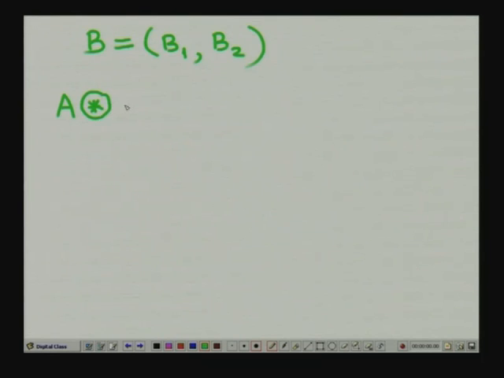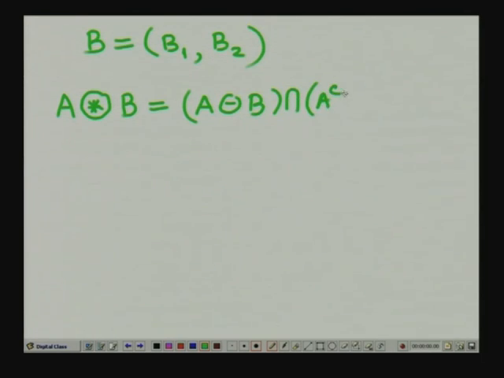Suppose we have a structuring element B, and if I can break the structuring element B into two structuring elements B1 and B2, then for a given image A, the hit or miss transform of A with B is given by A erosion with B1 intersection with A complement erosion with B2.